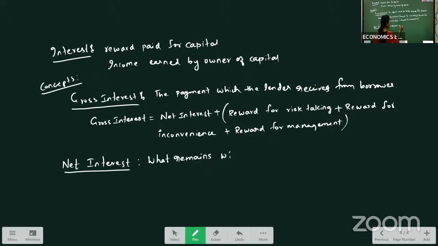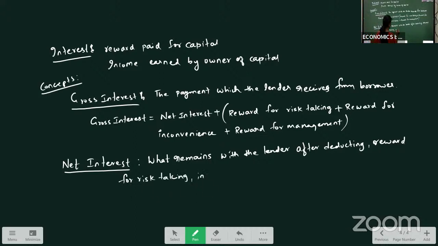What remains with the lender? Lender means whoever is giving. Lender, after deducting reward for risk taking, inconvenience, and management.